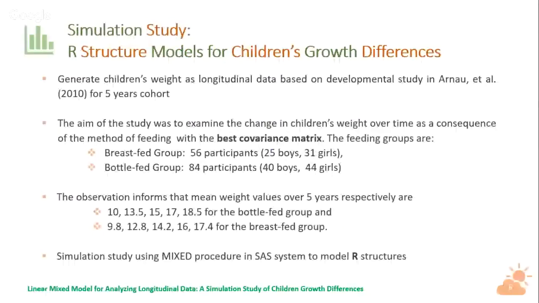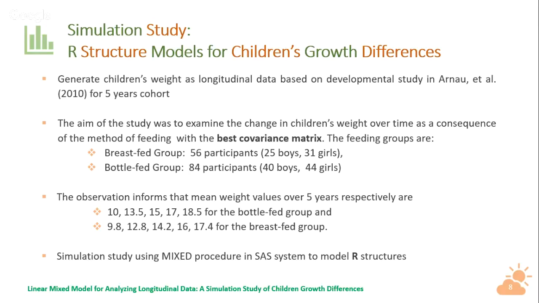In Arno's paper, or the former paper, they have children repeatedly measured in a 5-year cohort. They measured from the first year to the fifth year, and then we use the data by simulation.